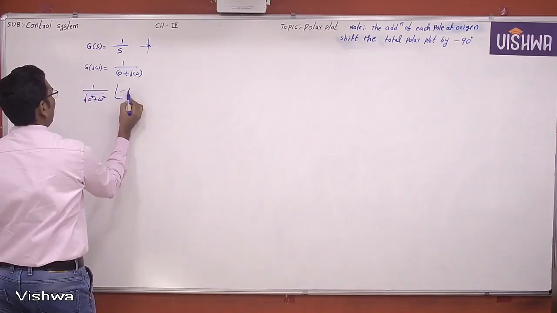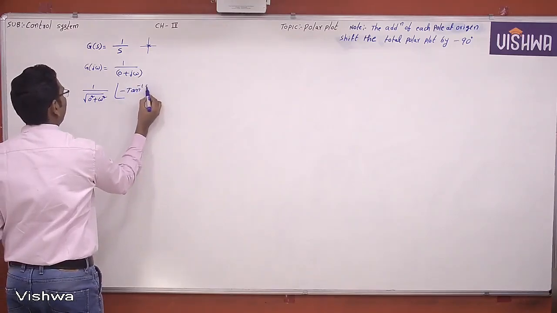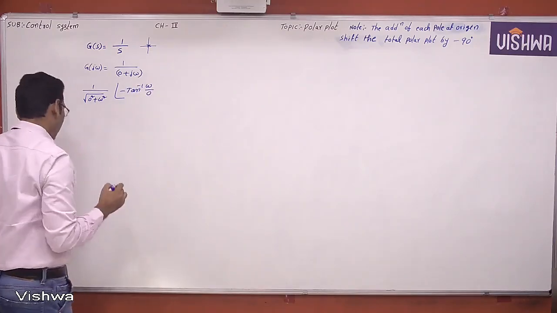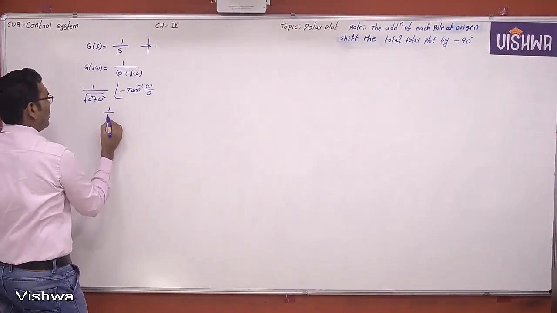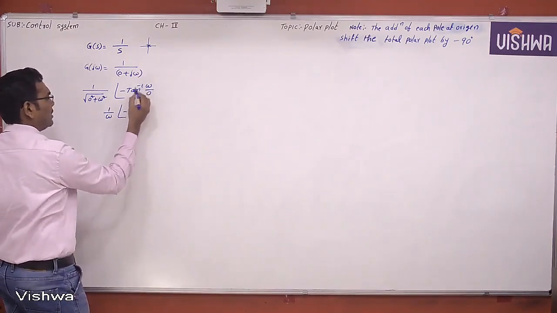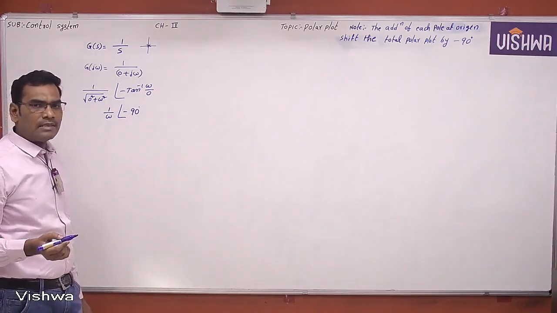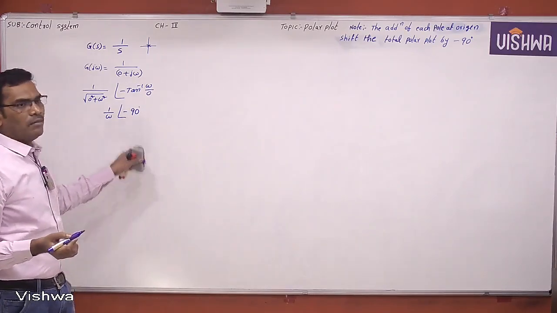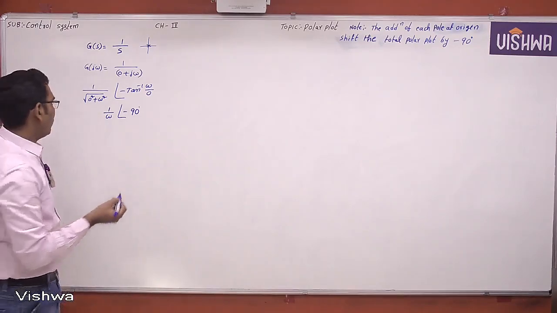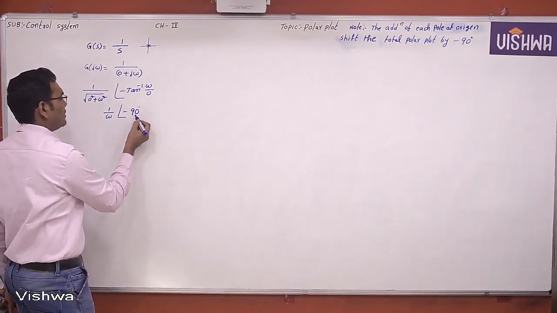Phase angle is minus tan inverse of imaginary part by real part. Now 1 by omega, the phase angle is minus tan inverse infinity, which is minus 90 degrees. Now the phase difference is minus 90 degrees.